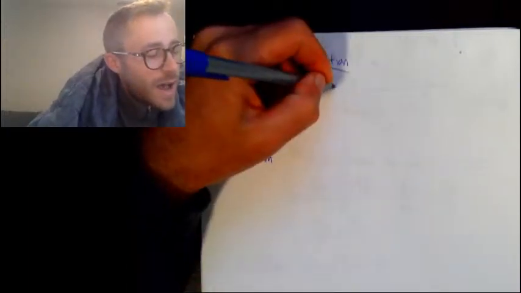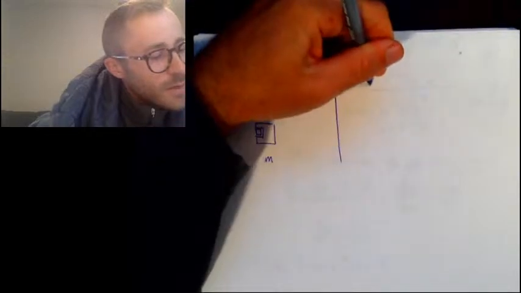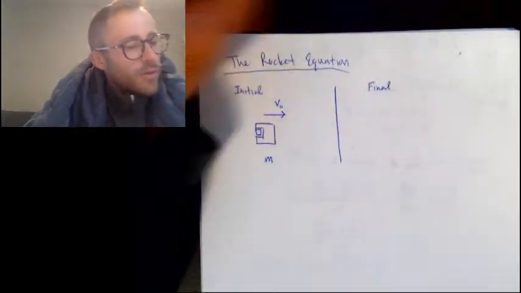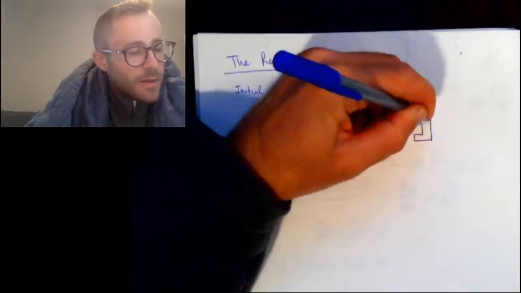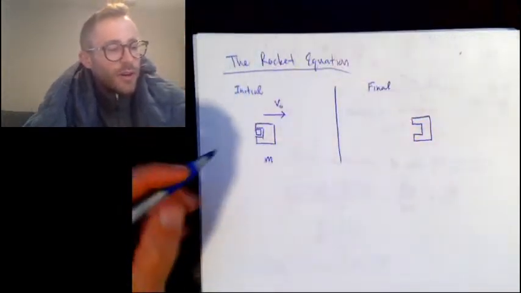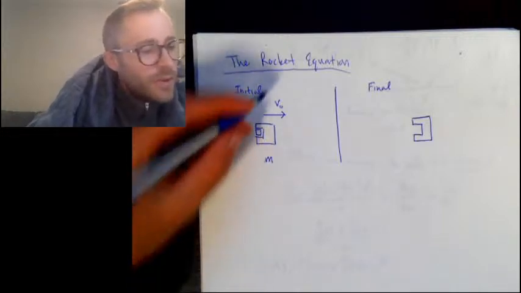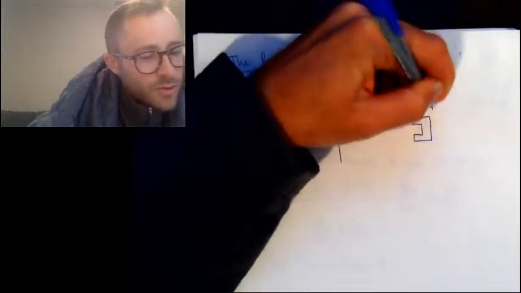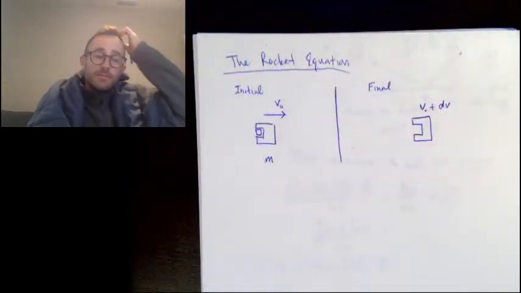Okay. So afterwards, the rocket now has a velocity v initial plus dv. Okay.